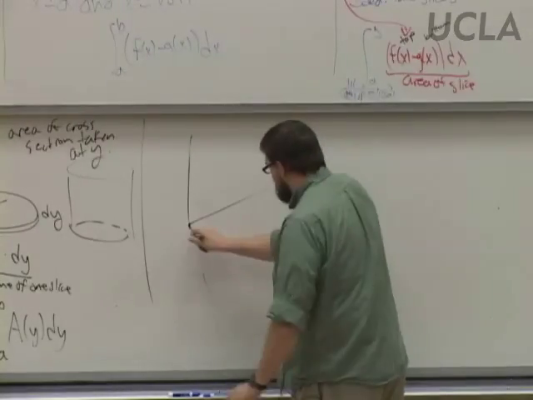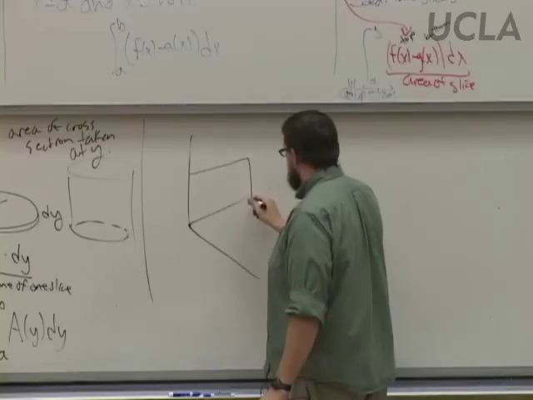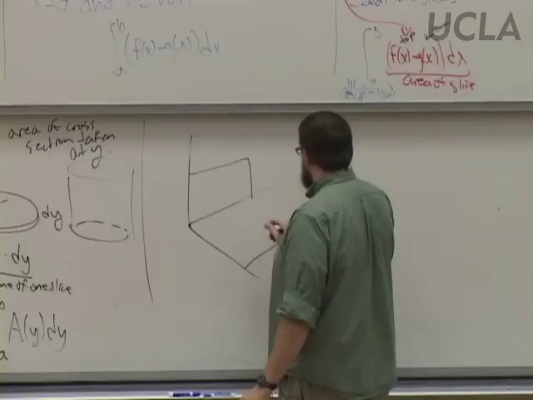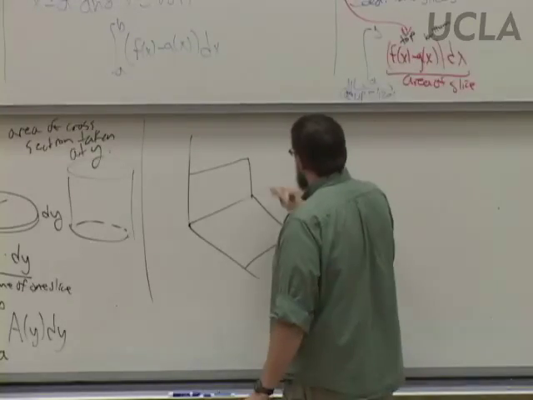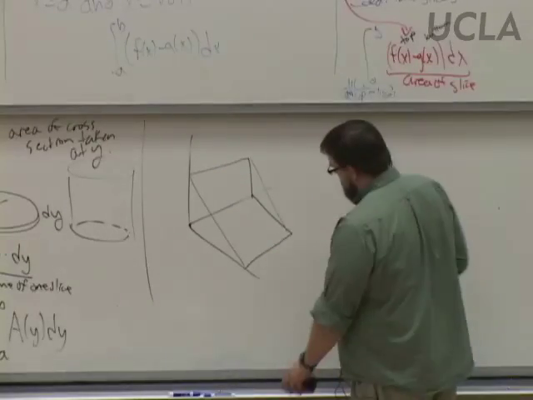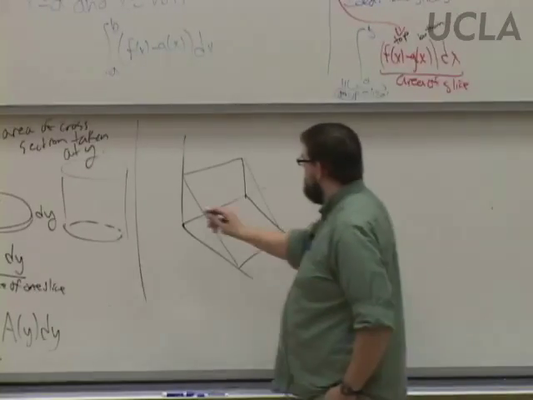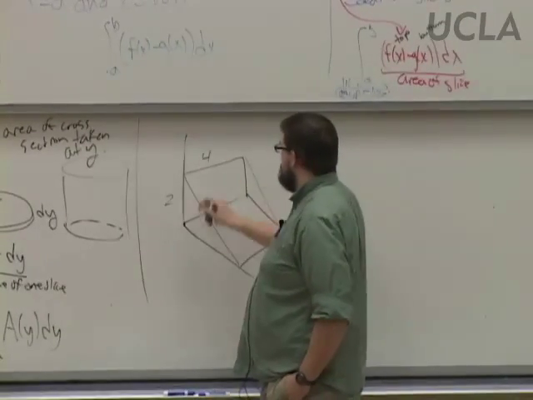Okay, let's see. So suppose I take as my shape not just anything. Let's use something very simple: a wedge. And I want to find the volume of this wedge.